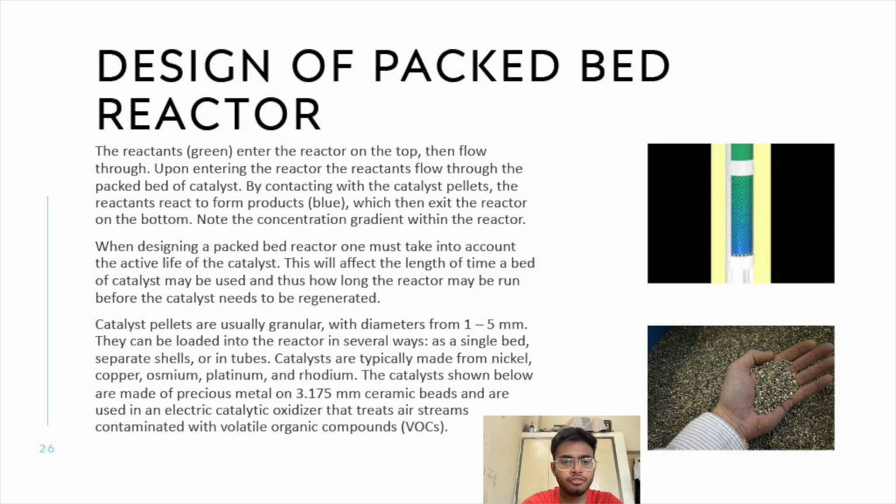Catalysts are typically made from nickel, copper, osmium, platinum, and rhodium. The catalysts shown below are made of precious metal on 3.15 mm ceramic beads and are used in an electric catalytic oxidizer that treats airstreams contaminated with volatile organic compounds, known as VOCs.